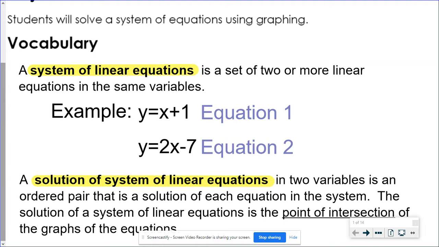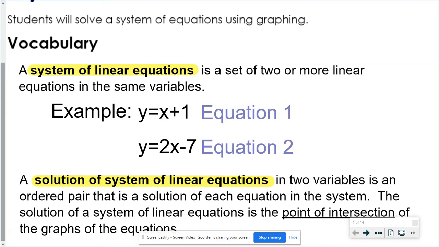And you can see the example that I have here has two equations written. And what we're looking for is the solution, the one point that works for both of these. If you remember, when we graph a line, every single point on the line, that's why we draw arrows at the ends of the lines, every single point on that line is a solution for that equation.